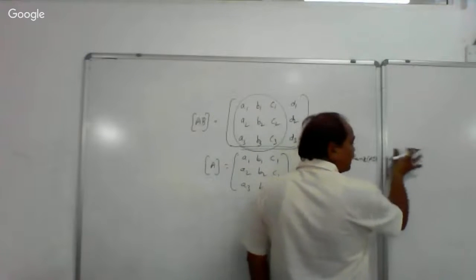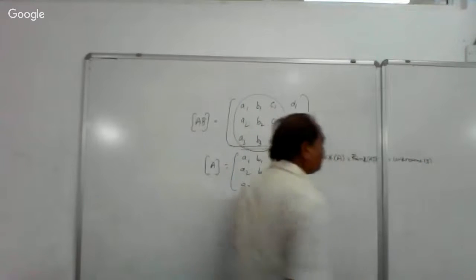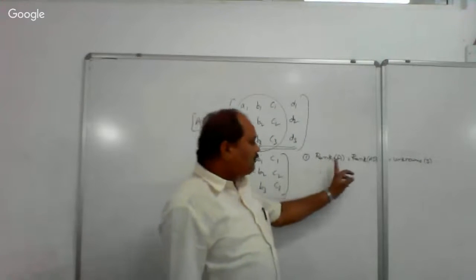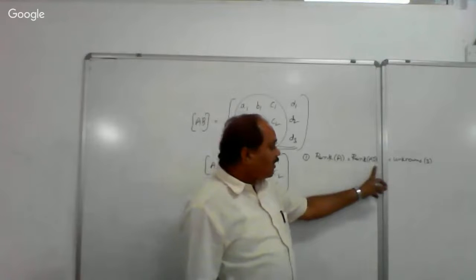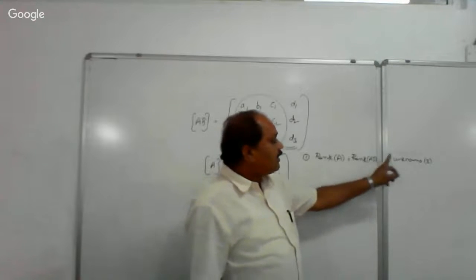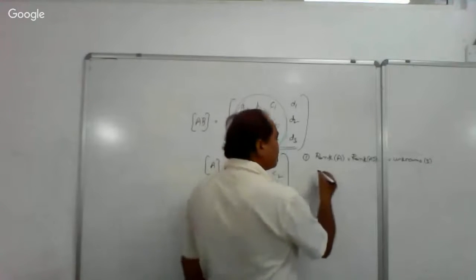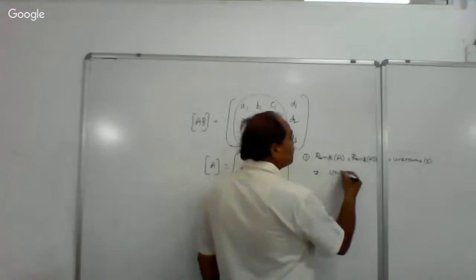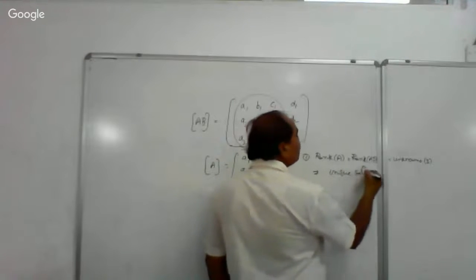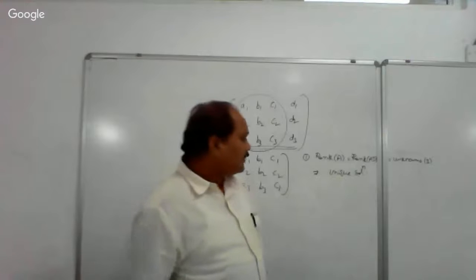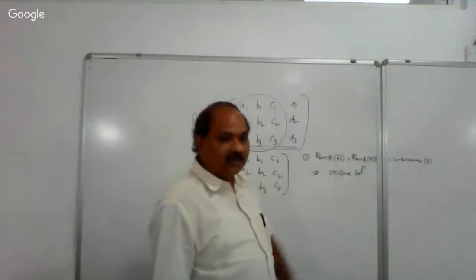It is always fixed for this type of problem. If rank of A equals rank of the augmented matrix equals the number of unknowns, then there is a unique solution. I will explain how to find the rank.